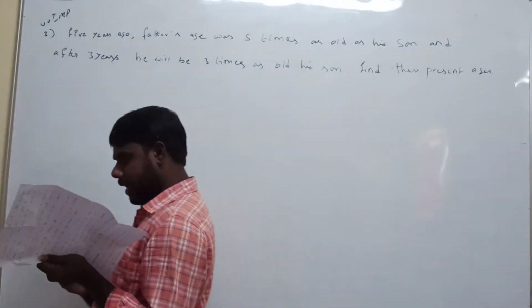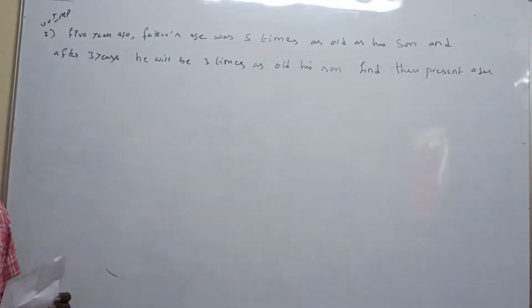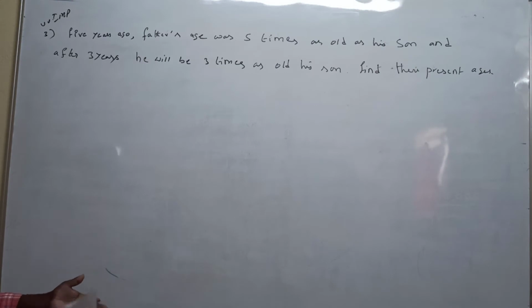The father's age and the son's age are given. You have to calculate the father's age and the son's age. You don't know the present age of the father and the present age of the son. That's why you are assuming: let the present age of the father be x and the present age of the son be y.